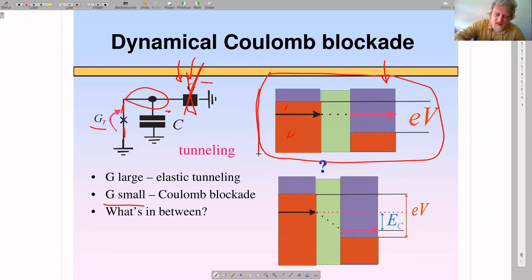So there's the energy axis. And I consider transitions from one lead to another lead. Green is just the tunnel barrier. What I wanted to say is that the energy of the outgoing electron after tunneling is precisely the same as the energy of the incoming electron.